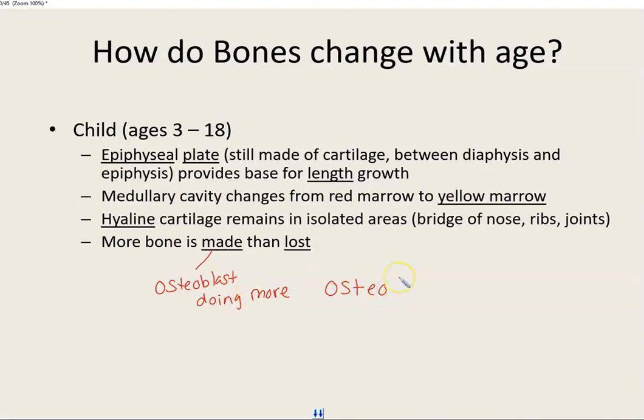Remember, your osteocytes are just hanging out and chilling in the lacuna. The osteoblasts and osteoclasts are the two types of cells that are involved in shaping your bones and remodeling your bones. The osteocytes are just like, I'm just chilling and maintaining what's here.